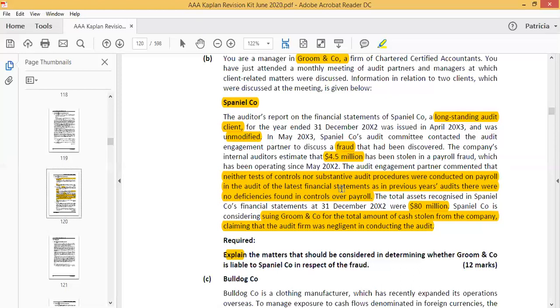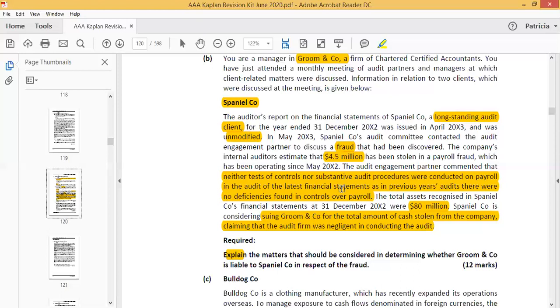Since there's a contract, and the company represents the shareholders, there has to be a duty of care owed to the company itself. And we can see that there's a breach of duty of care because they didn't perform any of those audit techniques on the payroll. So it means that they did not fully commit to their services. So that means that there has been a breach of that duty of care.